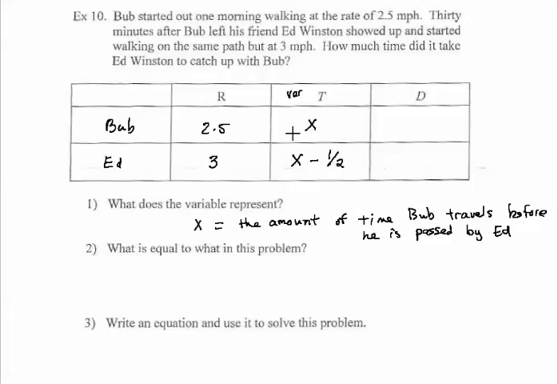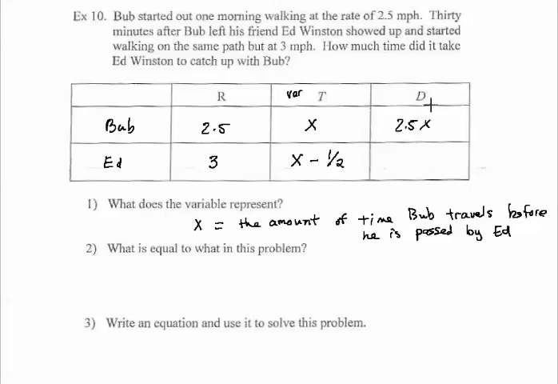We had to nail down a variable to complete the second column. And in this case, the X's aren't the same. The times aren't the same because one started later than the other one. Alright. But the procedure is still similar to the previous problem. We have R, we have T, and now we can calculate the distance. Or at least write an expression that represents the distance of both Bub and Ed.